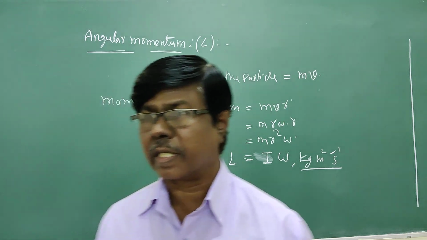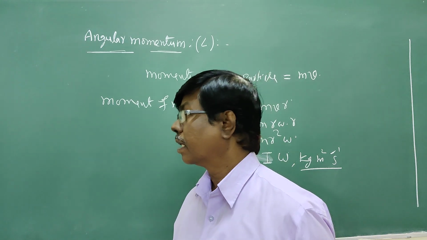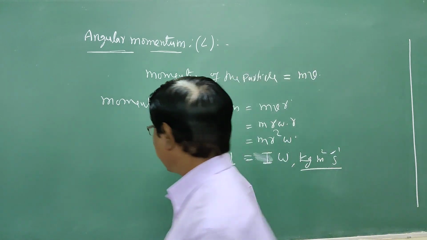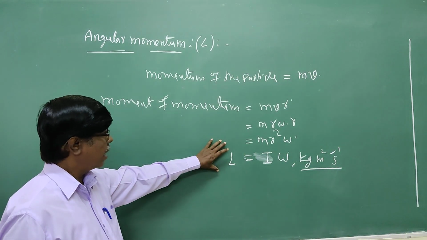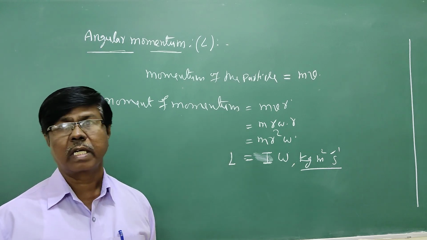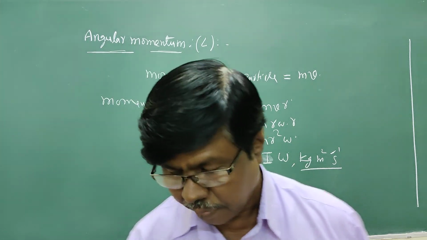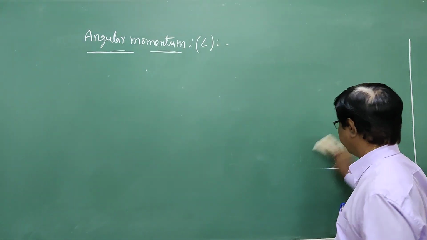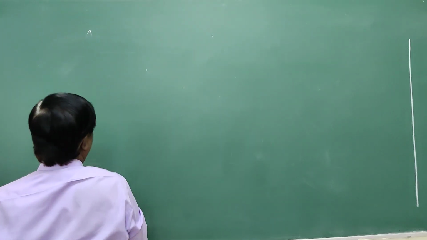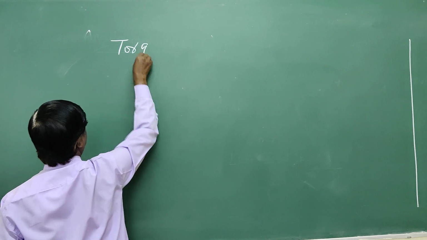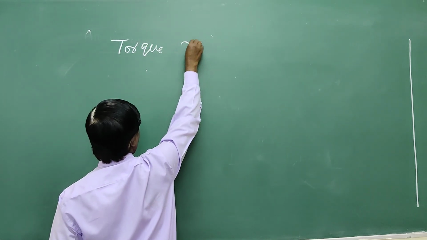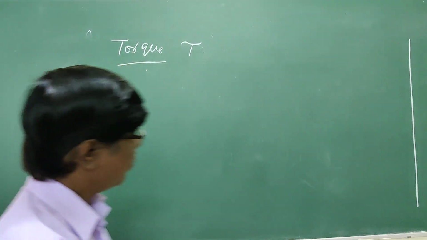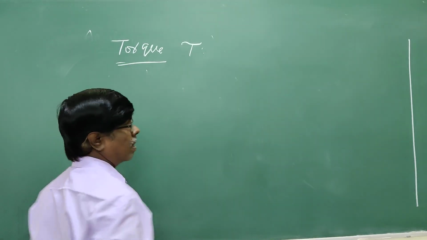The other definition is torque. The torque of the particle or body can be defined as the rate of change of angular momentum. Torque is called tau.